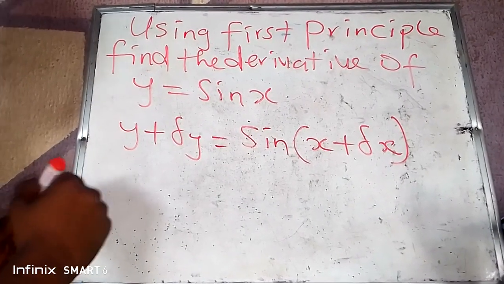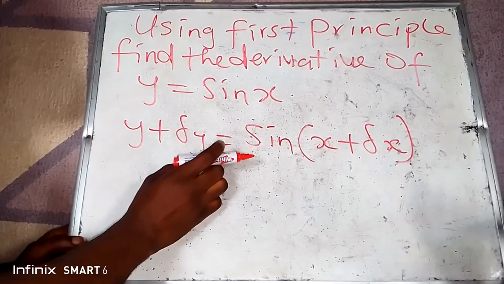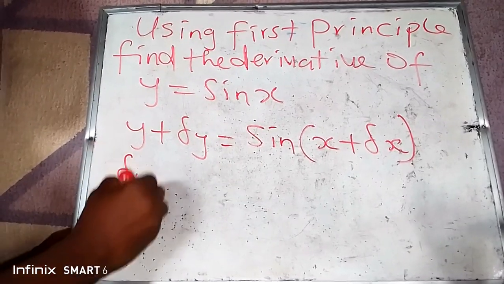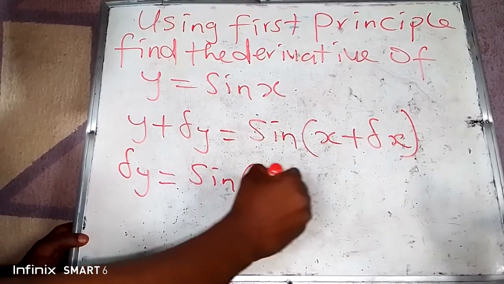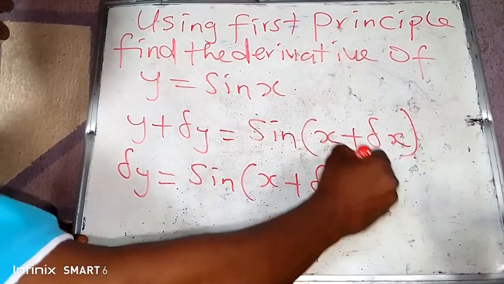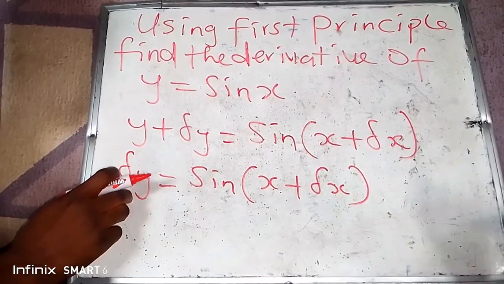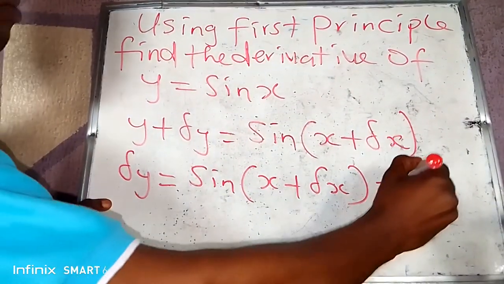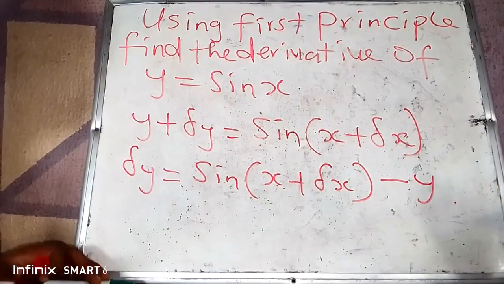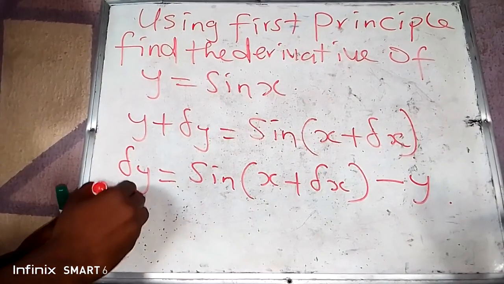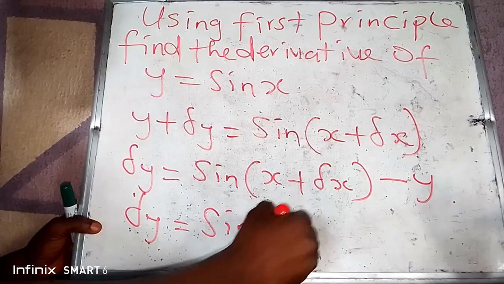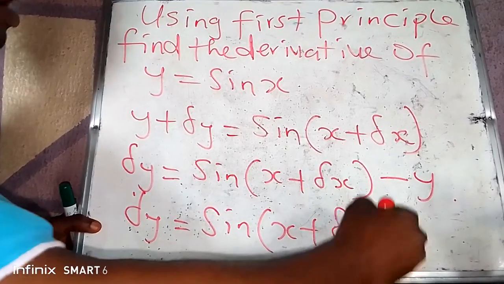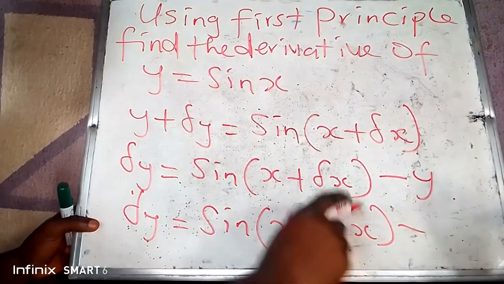The next thing you do is that you now make dy the subject of formula. That means dy equals sin, open bracket, x plus dx. Now I'm making dy the subject of formula, so I'm bringing y to the other side, minus y. So dy equals sin of x plus dx minus, I will now input the value of y.